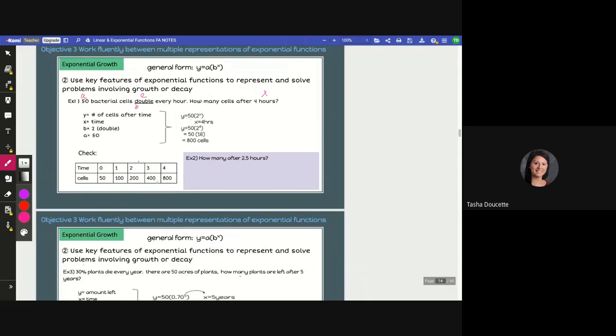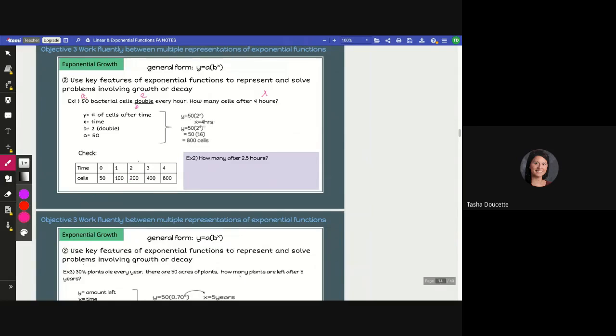The question here is asking, which is an extended question, how many are there going to be after 2.5 hours? I can't really look at my table and see exactly how many are going to be after 2.5 hours, mainly because we are multiplying our rate by itself, which is our power.